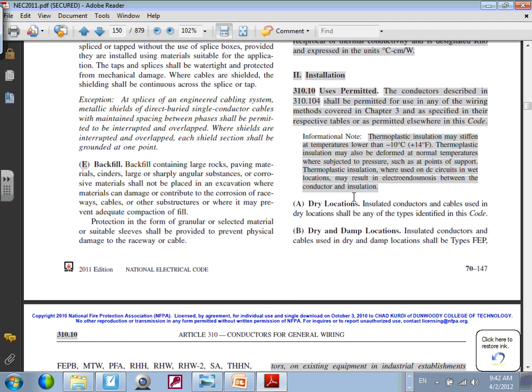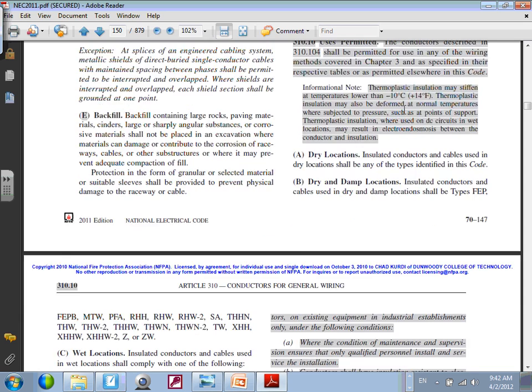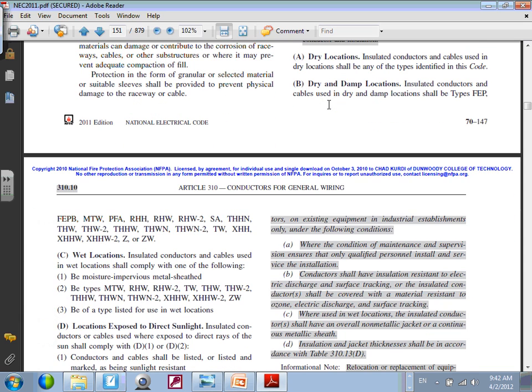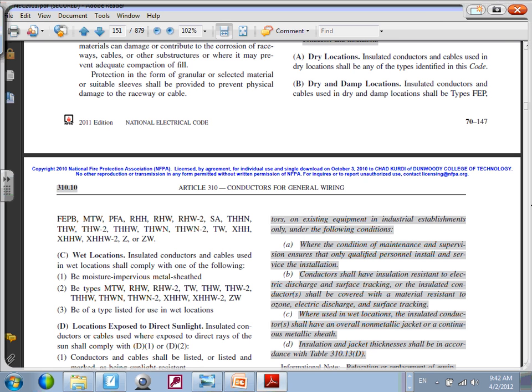Okay, use is permitted. All the calculations in chapter 4, the wiring methods, can be calculated. There are a few things you have to pay attention to: dry location, and dry, damp, and wet. If you have not highlighted this yet, if you're in the wet location, right in here is all the wiring methods that you can use in a wet location. If you're in a dry location or dry or damp location, all these are your wiring methods that you can highlight.